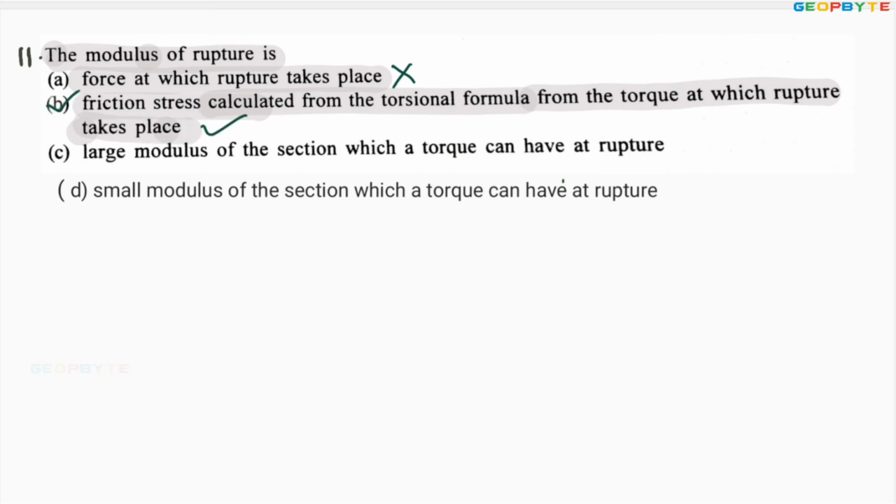Remember, the friction stress calculated from the torsional formula from the torque at which the rupture takes place is called the modulus of rupture. This point is very important. So that is about the answer. Let us move to the next problem.